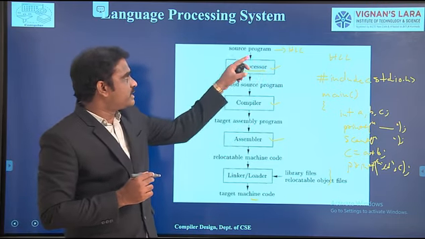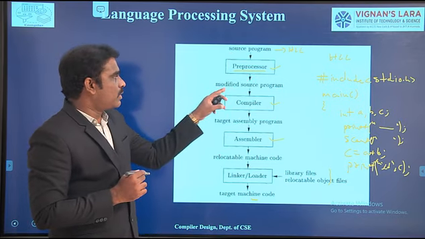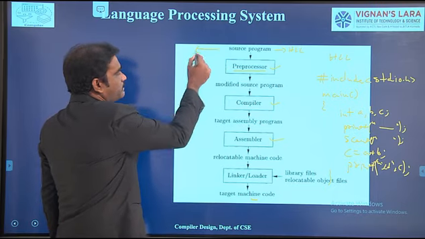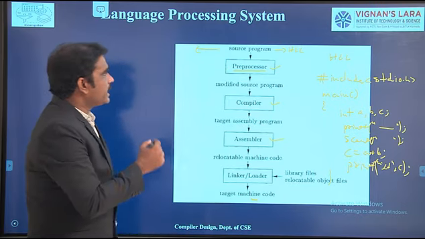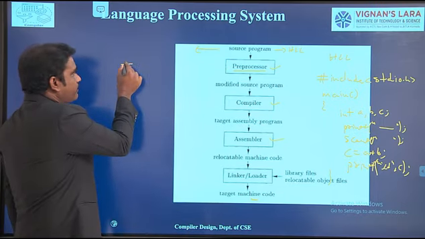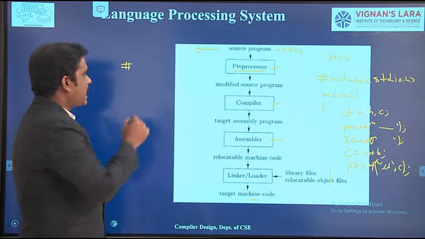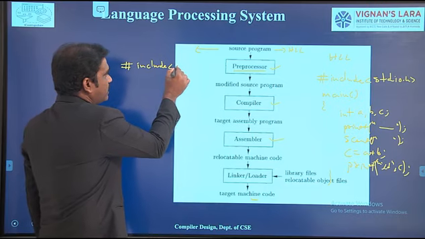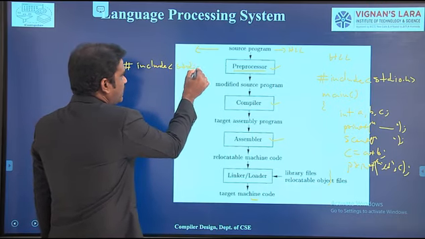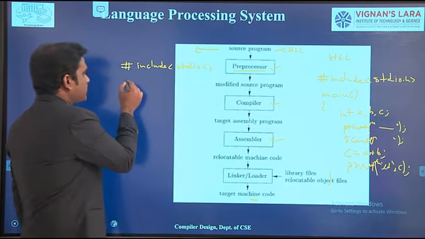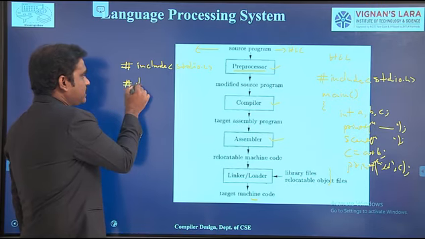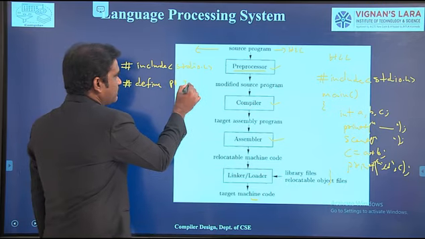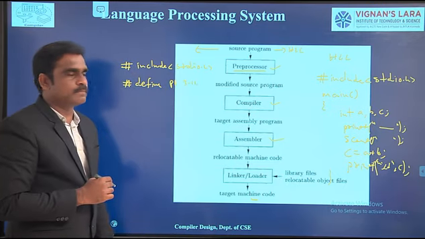So what is the difference between the source program and the modified source program? In the source program it contains some hash functions like #include <stdio.h>, and some macros, #define PI with a value like 3.14.